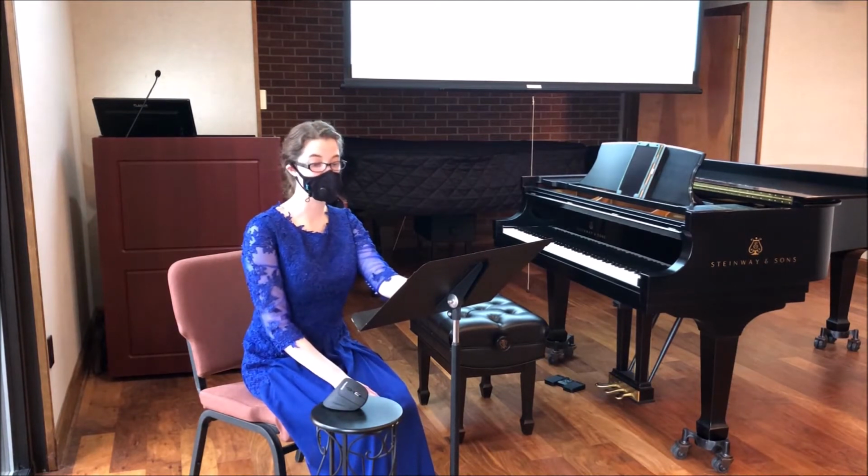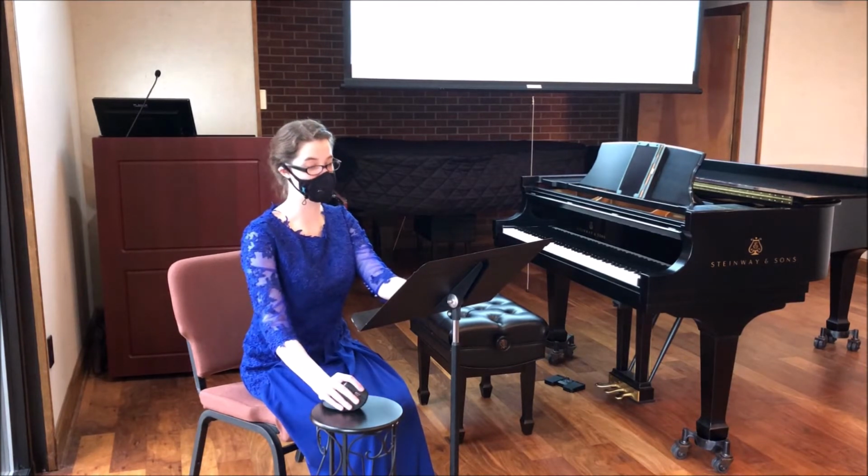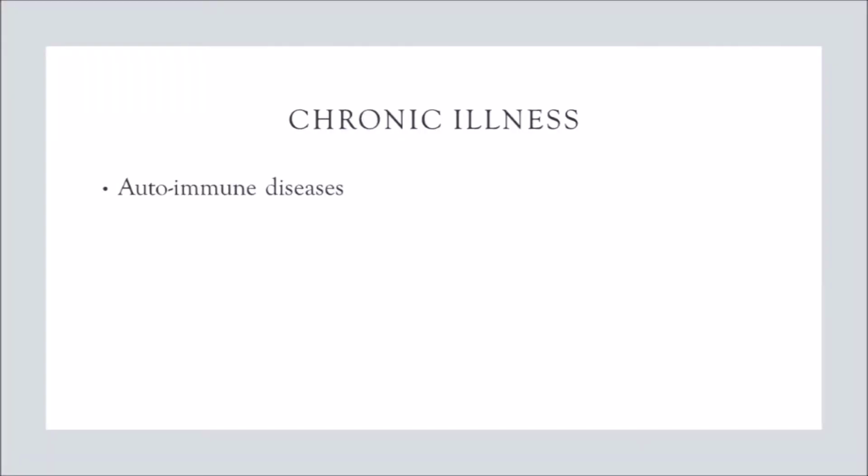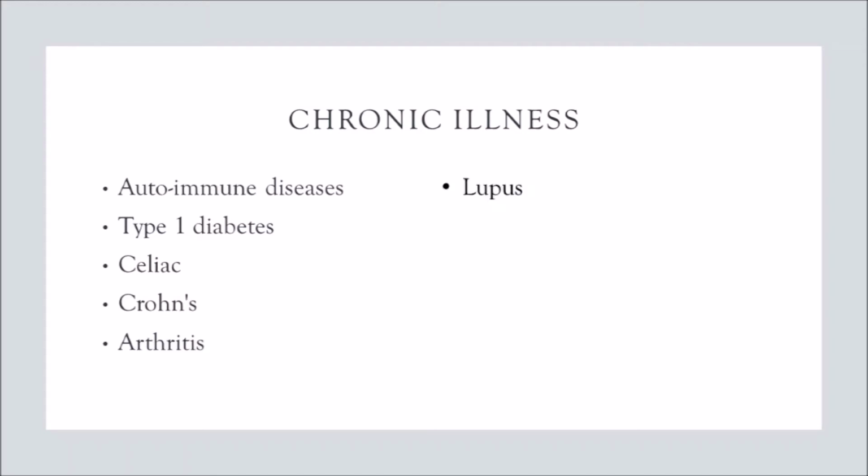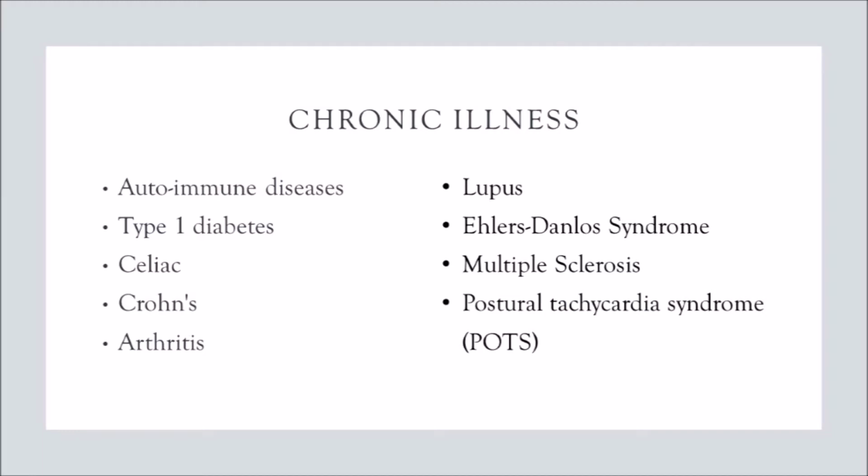There are hundreds of labeled chronic conditions and even more unlabeled. Just a few examples are autoimmune diseases, type 1 diabetes, celiac, Crohn's, some arthritis, lupus, Ehlers-Danlos syndrome, multiple sclerosis, postural tachycardia syndrome, or POTS.